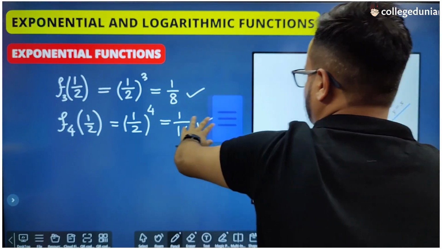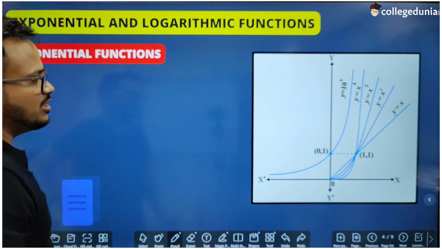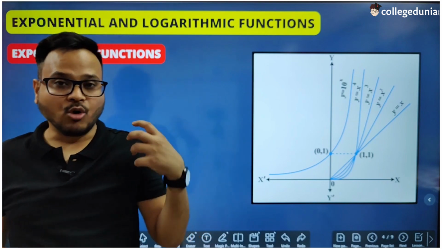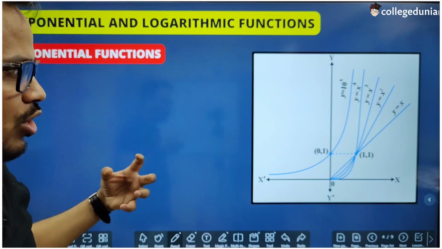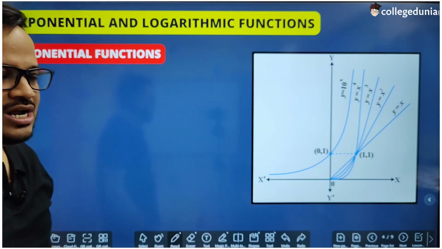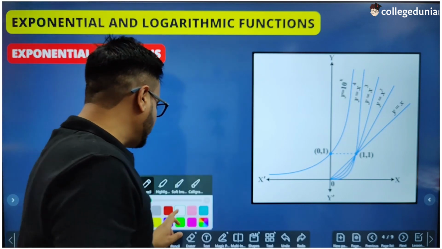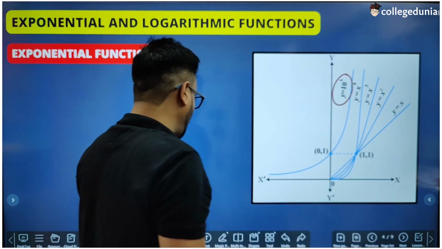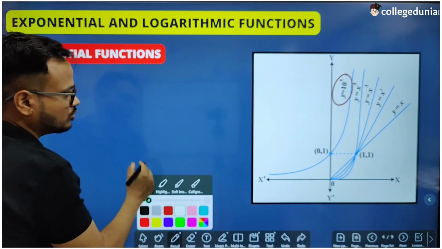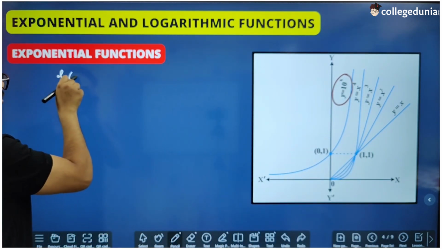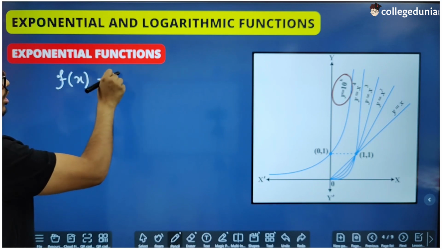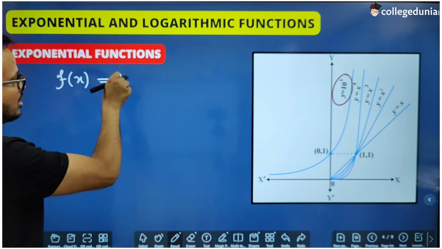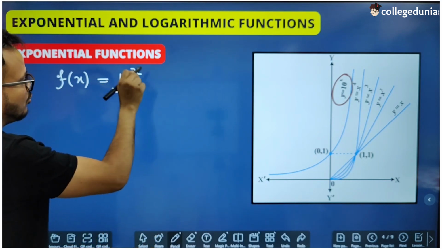But now we are interested in finding if there is any other function which changes more rapidly than the polynomial function. Then the answer is yes, there is another function. Suppose let us take the example of f(x) equal to 10 raised to power x, and such type of functions are called exponential functions.